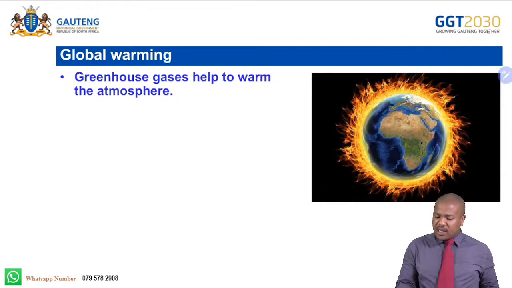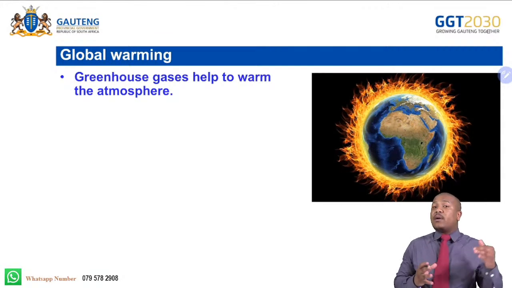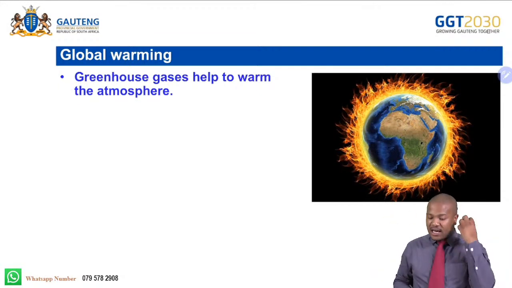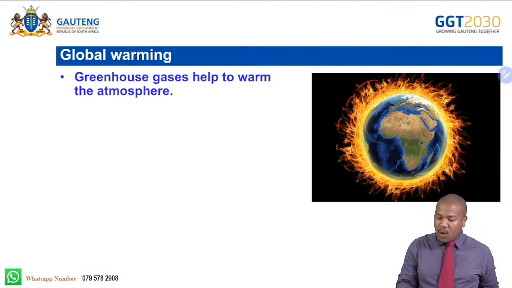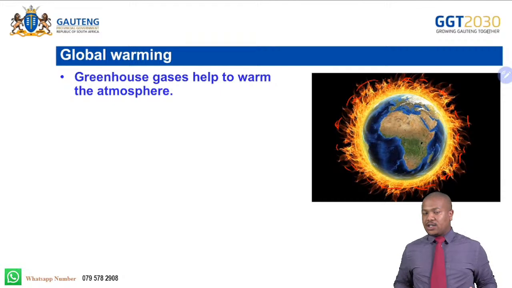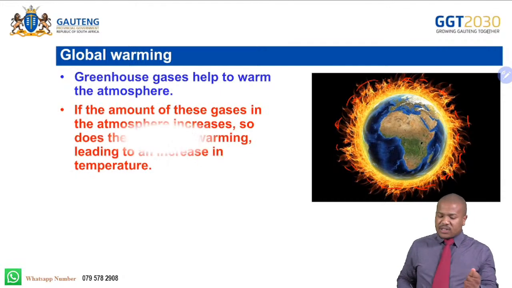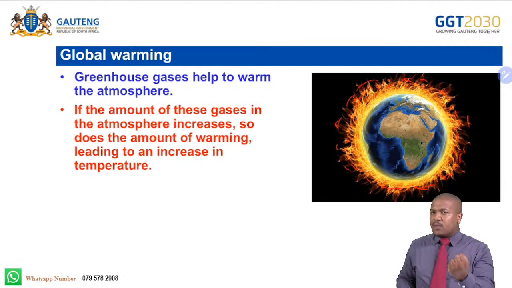So now, as you can see here, as we said, the sun's UV rays travel and pass through the atmosphere. Then the earth also bounces back their energy, which is again trapped in the atmosphere, sustaining what? Heat and warmth, right? These greenhouse gases help to warm the atmosphere.